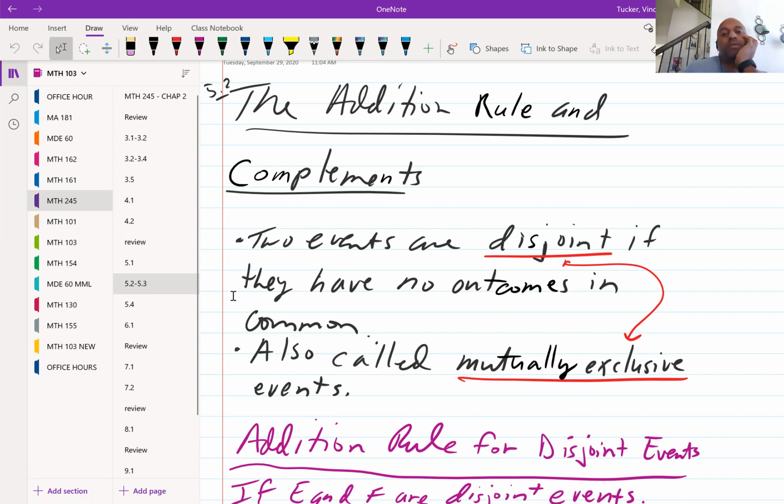So we have the addition rule and complements. So we start off talking about disjoint events. 2 events are disjoint if they have no outcomes in common. It's also called mutually exclusive events.